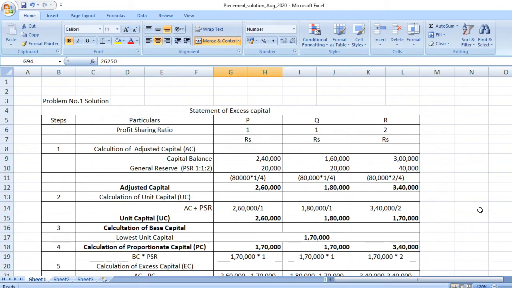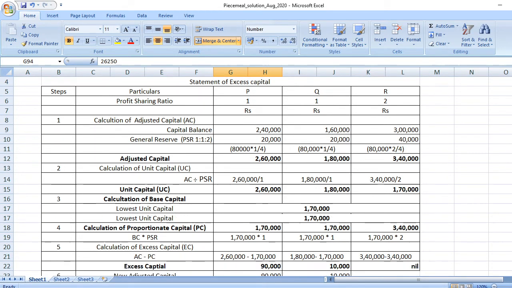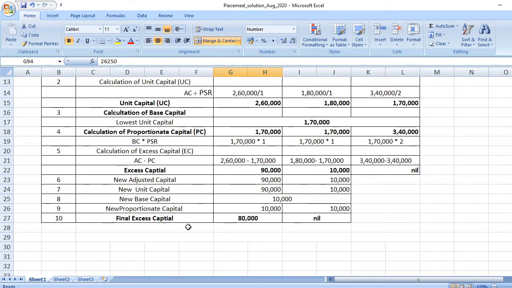In question number 1, with partners P, Q, R, only P holds 80,000 rupees as the final excess capital. Now, what is the next step?